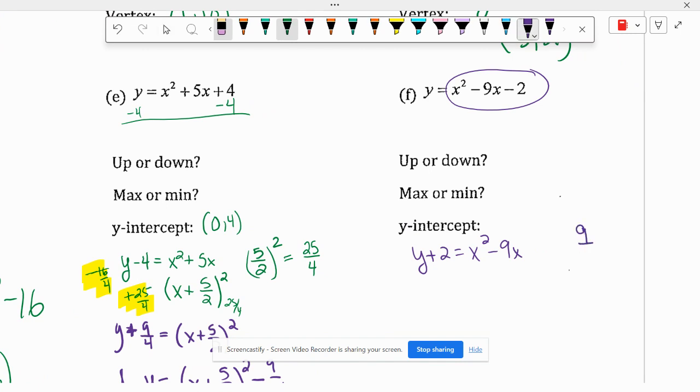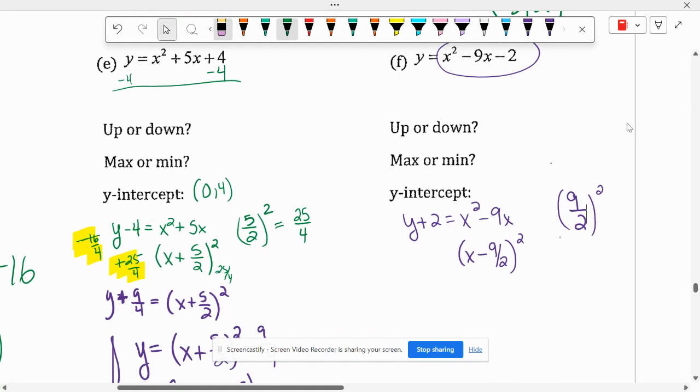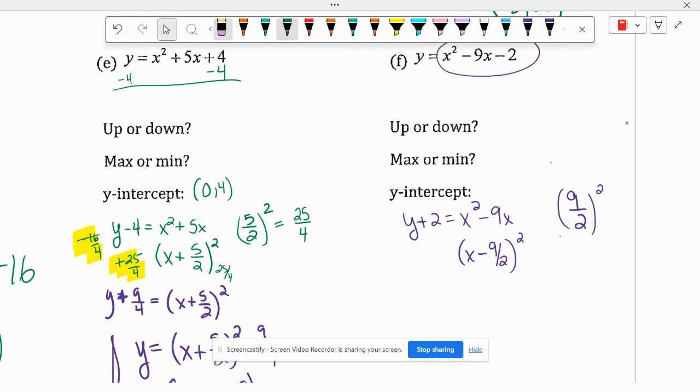Half of 9 is 9/2. So that's what I'm going to write: (x minus 9/2) quantity squared. But what am I secretly adding to both sides? I have to square that 9/2 to figure out what that is. 9 times 9 is 81 over 4. I'm secretly adding 81/4 to both sides.